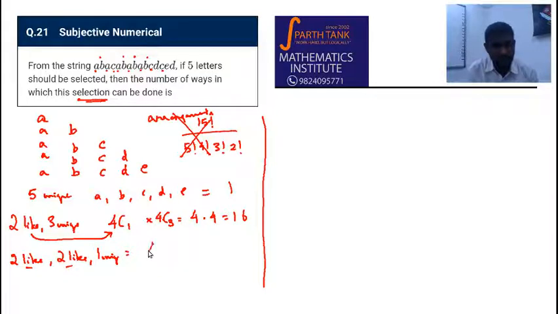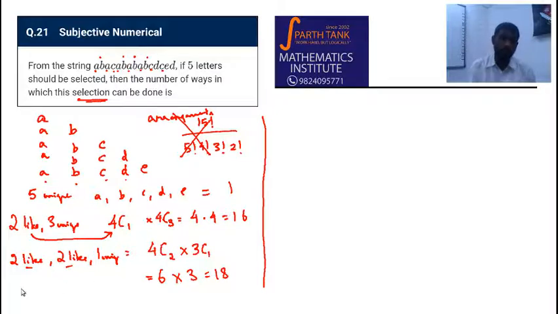So from these 4 you select 2 pairs, which is 4C2. Then after you selected 2 pairs, you have only 2 letters remaining, so from those you choose 1... 4C2 is 6 and 3C1 is 3. So this gives 18 possibilities. So 2 like and 1 unique is also done.